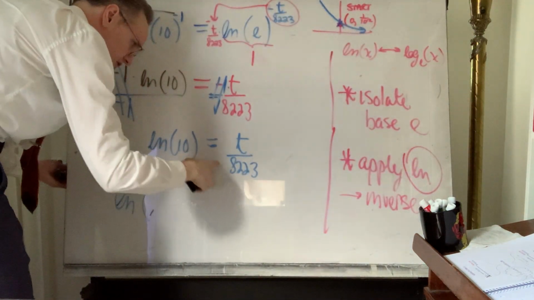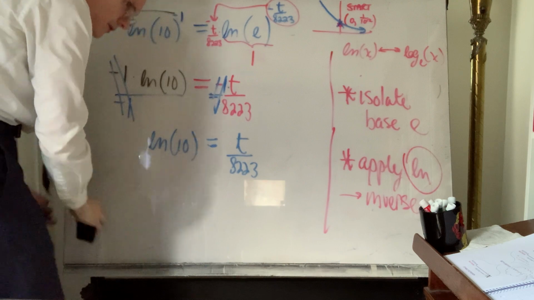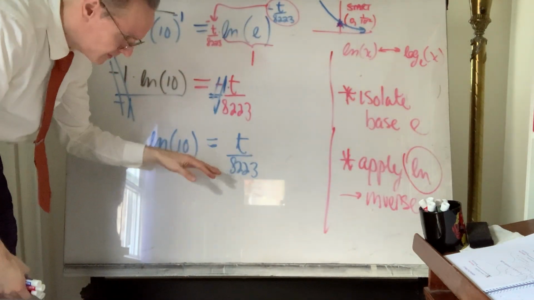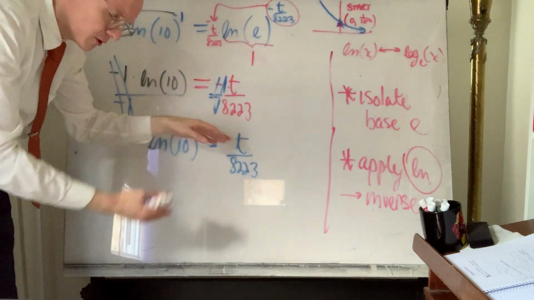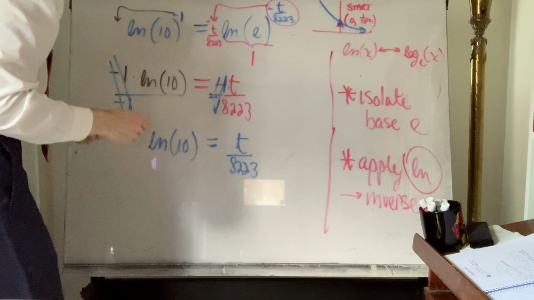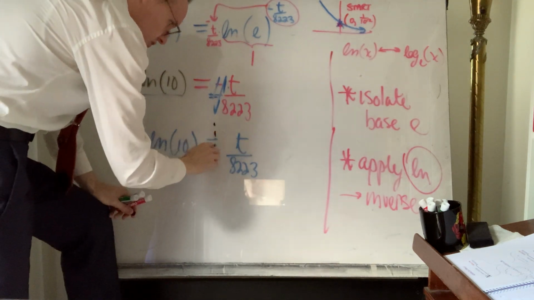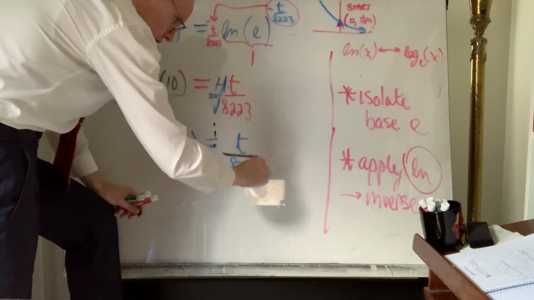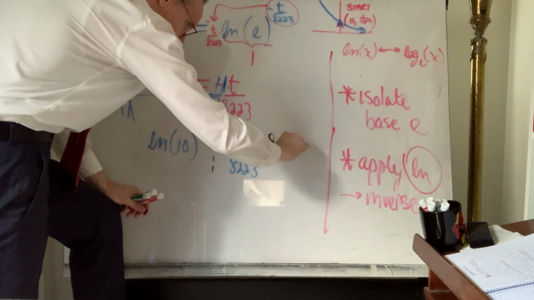Now the last step would be to move this denominator, because the variable is in the appropriate place, the normal level for a variable to be when we're solving for that variable. So perform opposite operations to move it from one side of equals to the other. If this is being divided by 8,223, then multiply by 8,223 here.